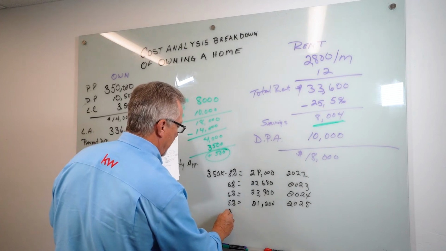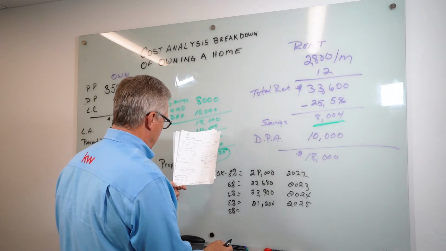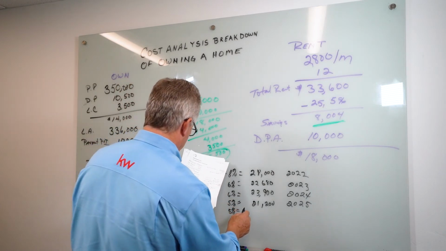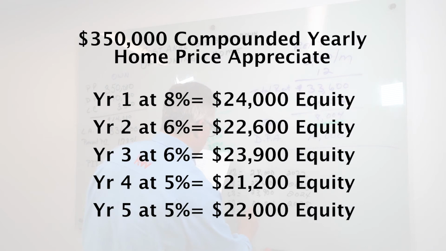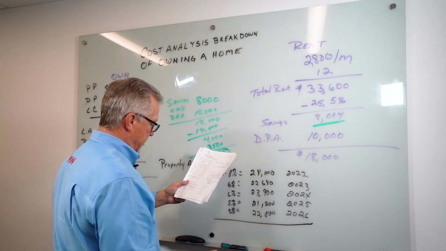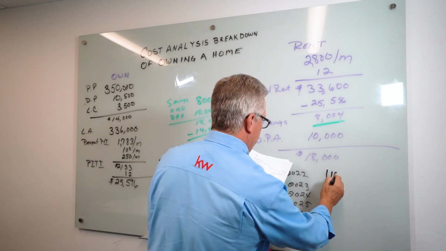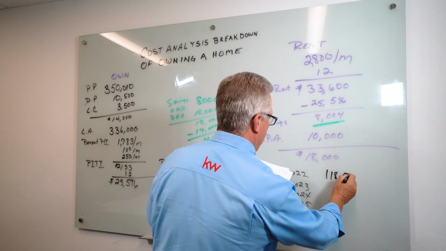And then let's just do another 5% appreciation rate, which would get us to $22,800, and that would be 2026. If we add all these numbers up, it comes up to $118,580.